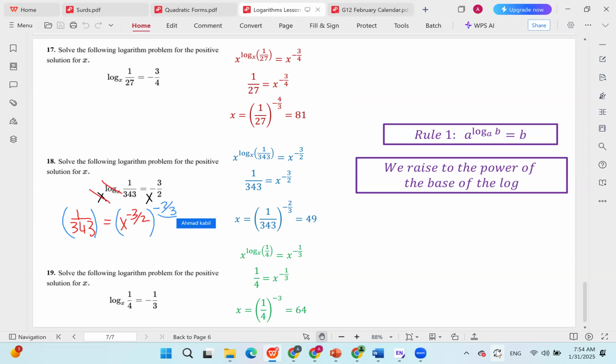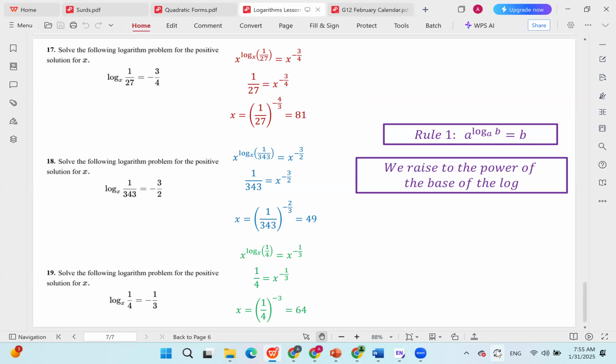And this power here has to be the same as this power over there. So these cancel out, and we end up with x equals 1 over 343 to the power of negative 2 over 3. And then I can evaluate this, and I get 49 as a final answer.